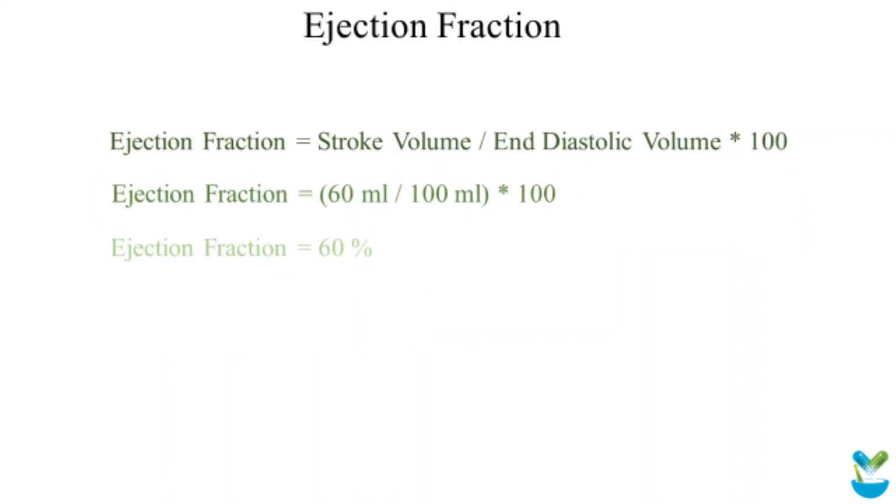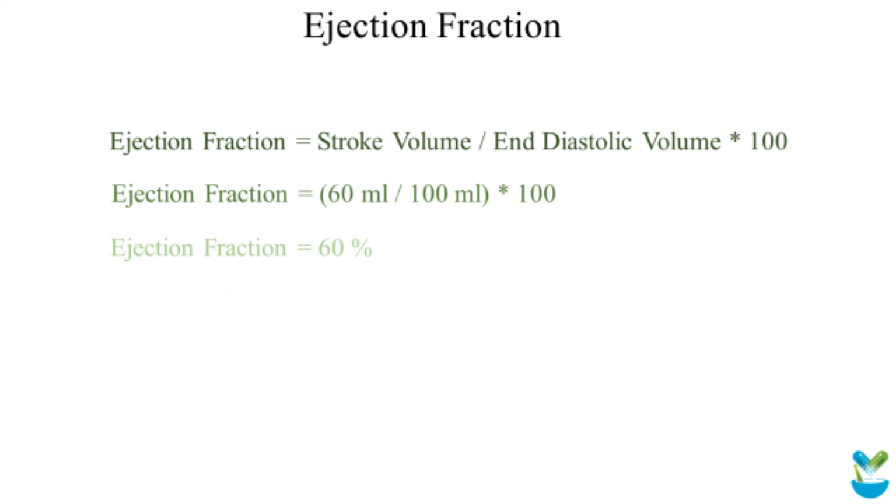Okay, so the last terminology that I need to explain is the ejection fraction. As the name indicates, ejection fraction is the measurement or the percentage of how much blood pumps out with each contraction, right?